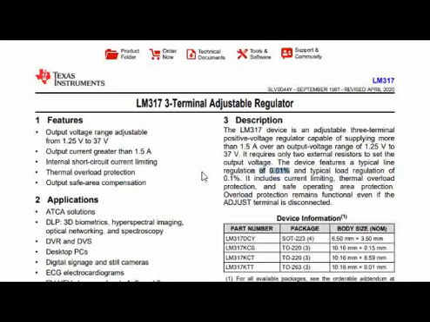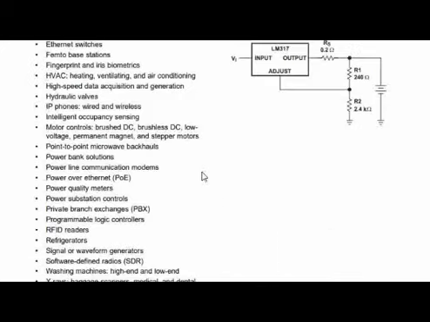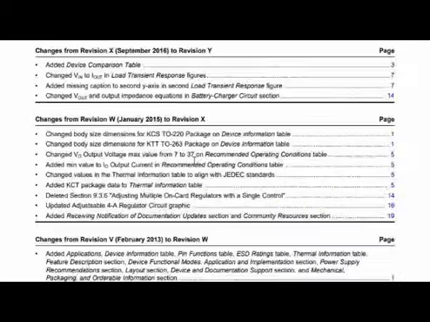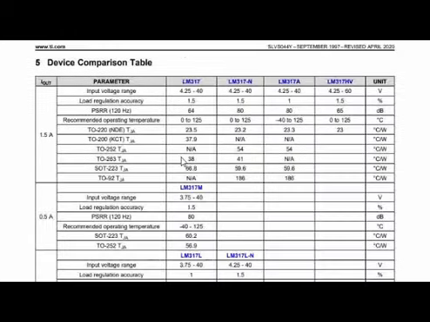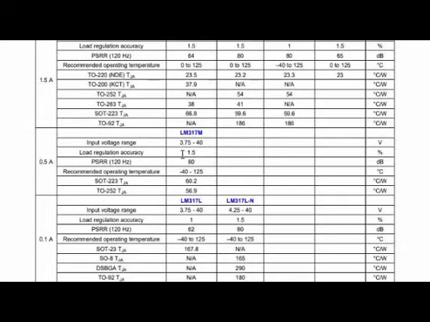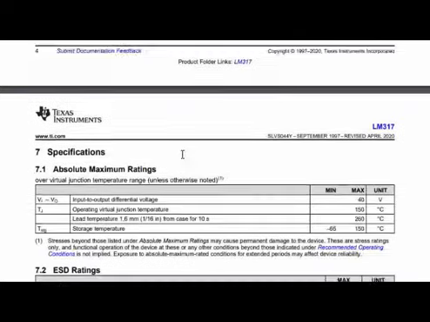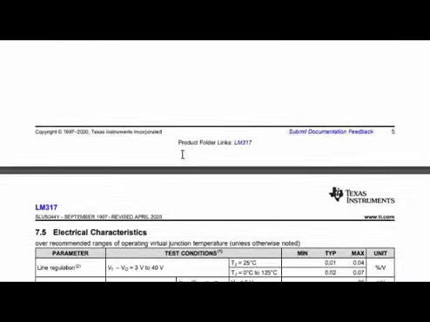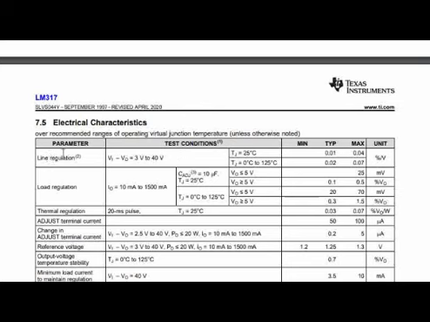What would be the maximum and minimum value of this? Let us go through the data sheet to see the line regulation value. In the electrical specifications, you can see V in minus V out is 3 to 40 volts, and based on temperature we see the line regulation is around 0.04% per volt.